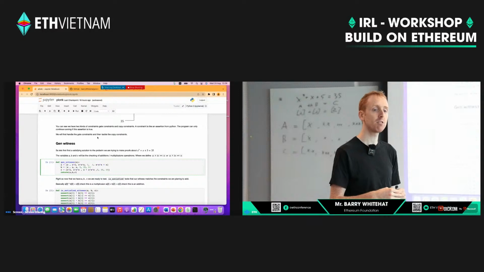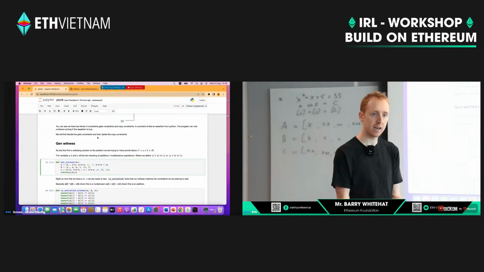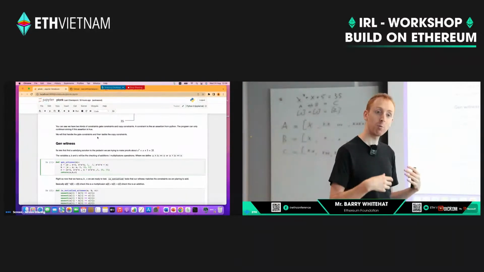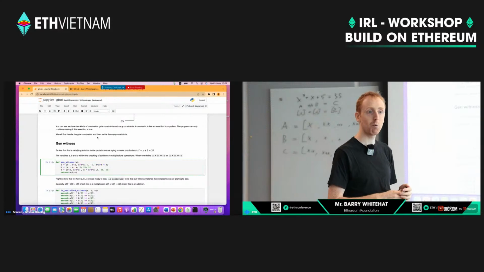But okay, let's go through the whole process. Let's say that we're putting this into production, and there's a lot of money at stake for people who can prove that x cubed plus x plus 5 equals 35. We put that into production, but we forget one of our constraints, and that leads to a soundness bug in our proof.